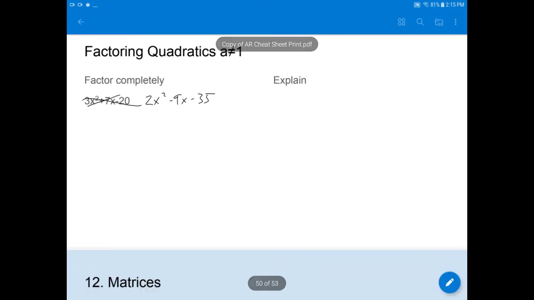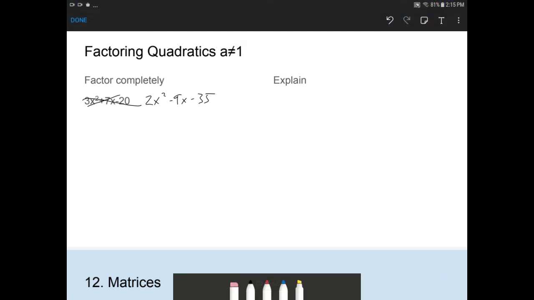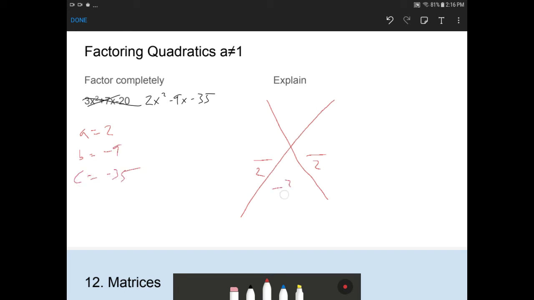Okay, factoring quadratics. So we'll do the x method here. A is 2, B is negative 9, C is negative 35. So negative 35 goes down here, and then we'll do A times C, so negative 70 goes here. Oh, big numbers.